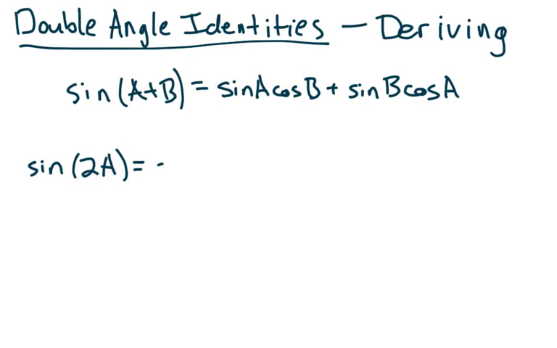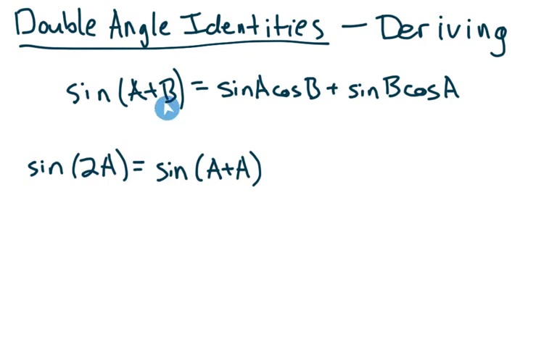For example, 2A means A plus A. 2 bananas means banana plus banana. So if you know that 2A means A plus itself, then it's going to start to look a lot like this. The thing about sine of 2A, once you know that it's really sine of A plus A, it's just the sine sum angle formula where A and B are the same angle.